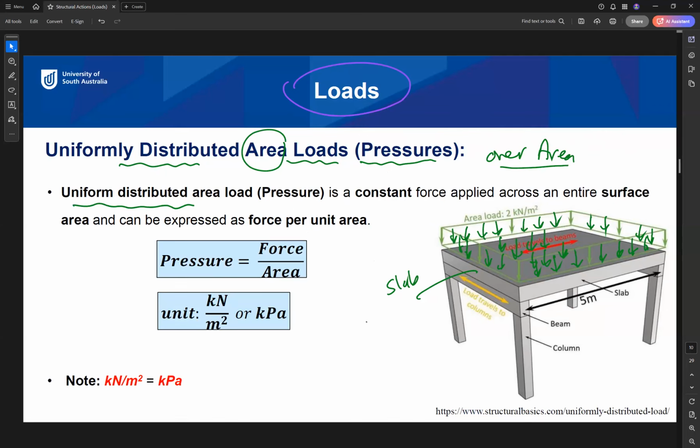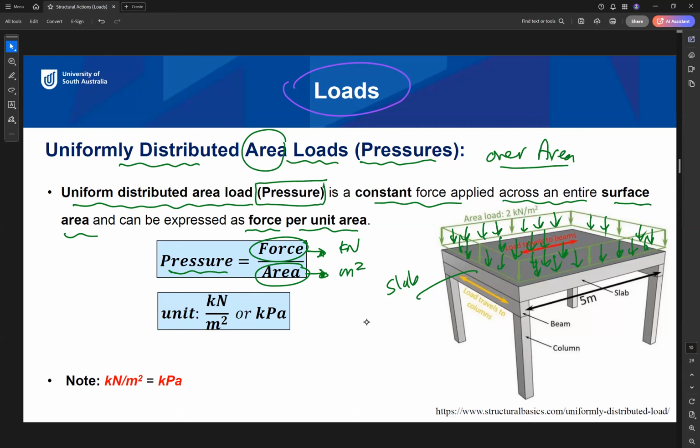The uniformly distributed area load, or pressure, is a constant force applied across an entire surface area. Any point on the area, as I showed you, will have the same value of the force, and it can be expressed as force per unit area. So the pressure formula is force over area, with force in kilonewton, for example, and area in meter squared.